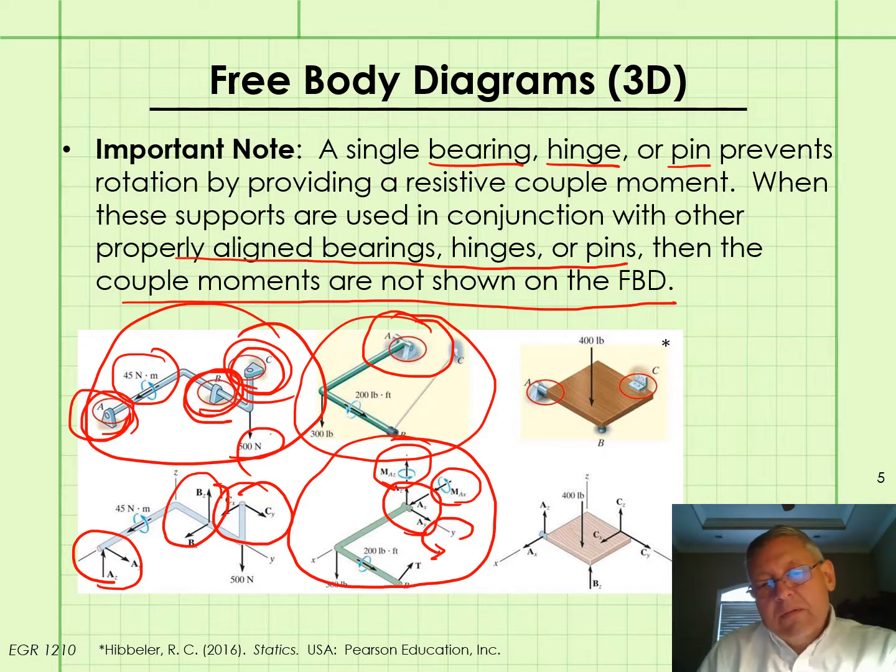Now in this example, it's probably a little easier to envision that there are definitely couple moments present at that support because we have this tension pulling on that bar, trying to rotate it about the support. But similar to the first example, how many unknowns do we have?